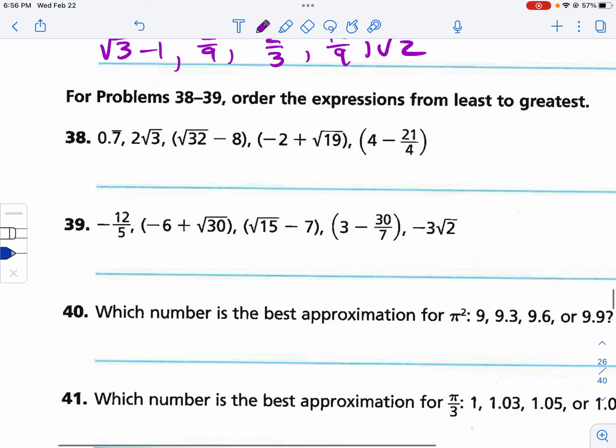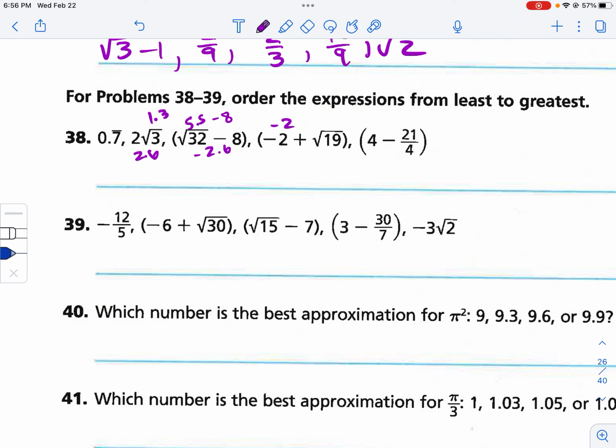Okay, least to greatest. Okay. So 0.3 is 1.3-ish. So I multiply that by 2 and I get 2.6-ish. This is going to be 5.5 minus 8. So that gets negative 2.6-ish.